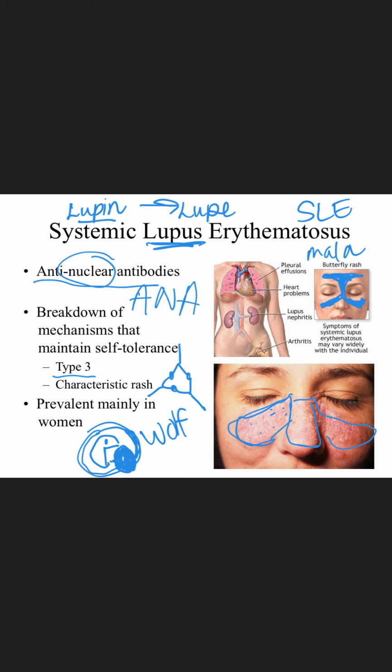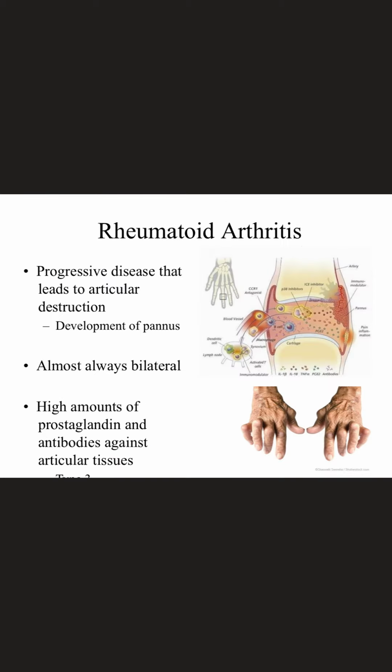You see this happening within the glomeruli of the kidneys, within the articular tissue, within the lungs themselves, within the heart itself. We get the selective destruction of healthy tissues because of these antigen and antibody complexes. So SLE we consider mainly the result of a type 3 hypersensitivity.